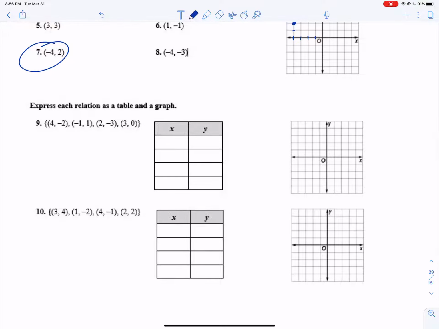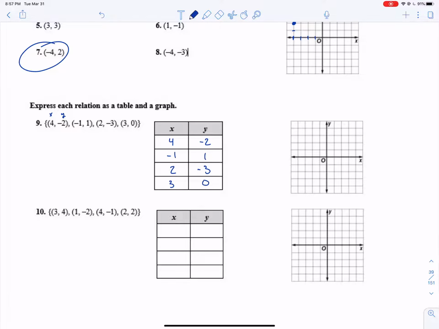Okay, express each relation as a table and a graph. So we're just going to convert these points into a table and then graph them on the graph. Okay, so remember, it's always x comma y. So we have 4, -2, -1, 1, 2, -3, 3, comma 0. Now, normally, we would put them in order, but for this, it doesn't really matter, right?